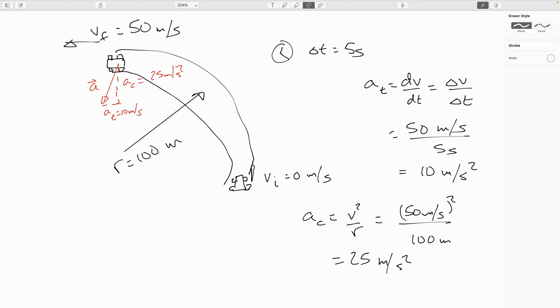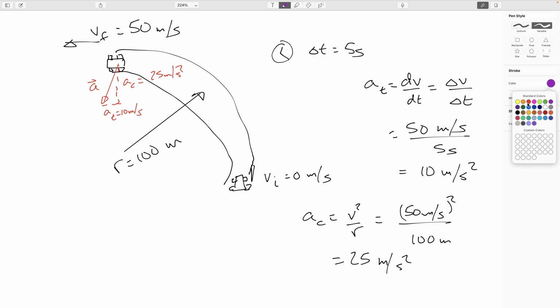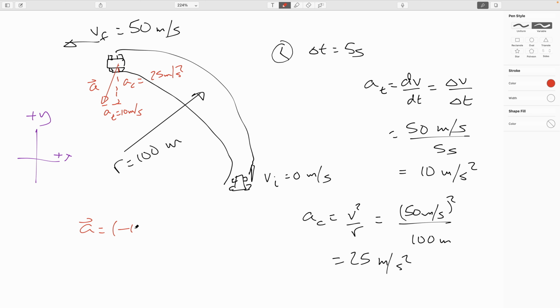So if we were using a conventional up, down, right, left coordinate system, so plus x, plus y like that, we could ultimately then say that my acceleration was equal to negative 10 meters per second squared i hat plus negative 25 meters per second squared j hat.